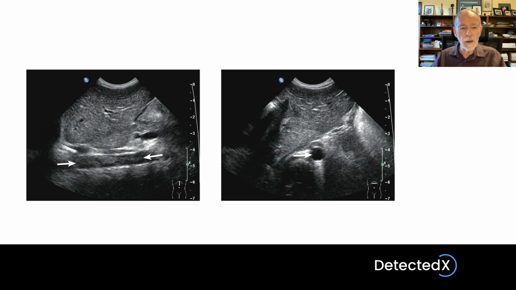On the left, we have an example where there's a blood vessel that appears to be completely filled with soft tissue. This is due, as I said, to the slice thickness aspect of the beam, picking up echoes from beside that blood vessel and making them appear as if they've come from within it. On the right-hand side, the probe has been rotated 90 degrees.